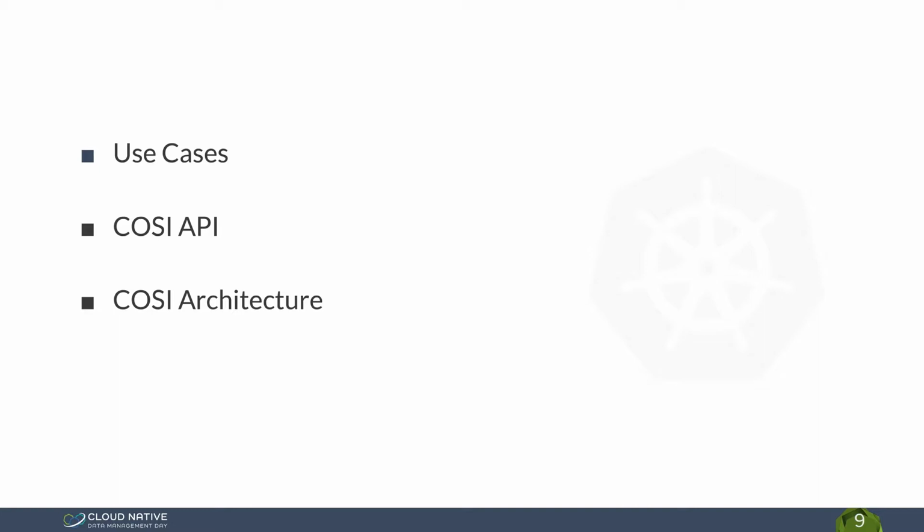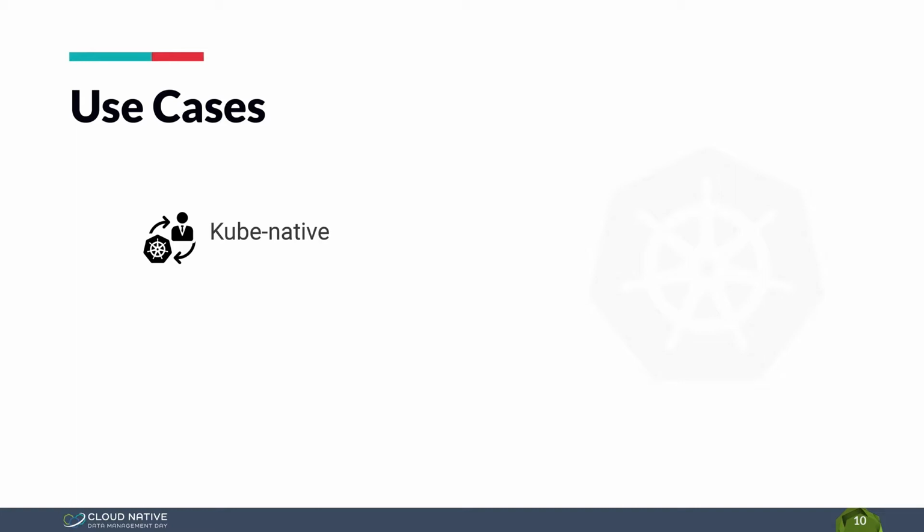This API will be the primary mechanism of using buckets in Kubernetes moving forward. And finally, I'm going to explain the internals and the architecture of COSI, which will directly lead to how vendors can integrate with COSI and provide their object storage service natively on Kubernetes. So let's get started with the use cases.